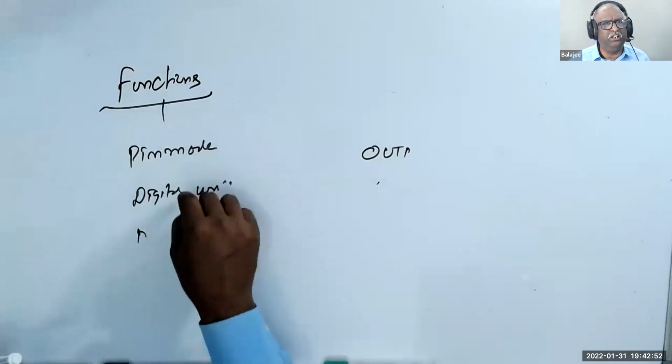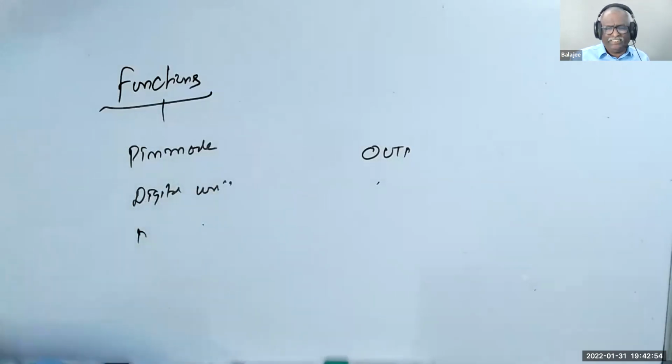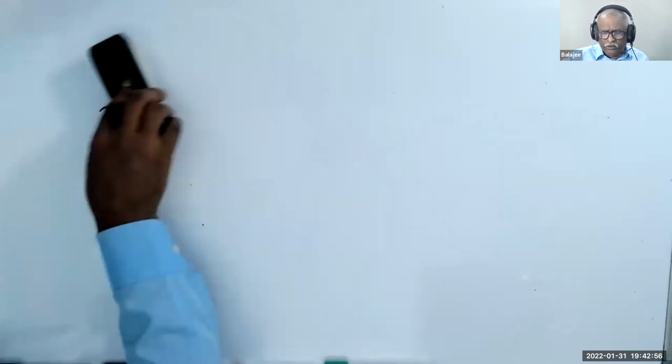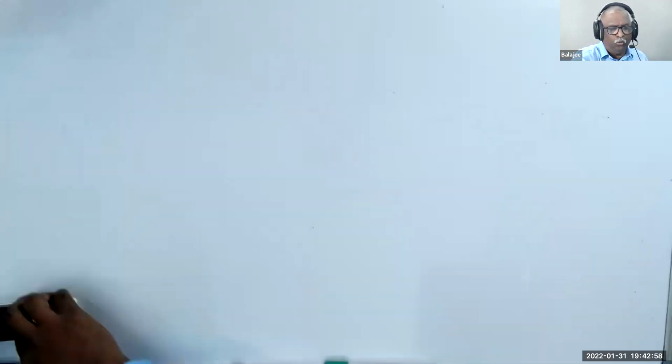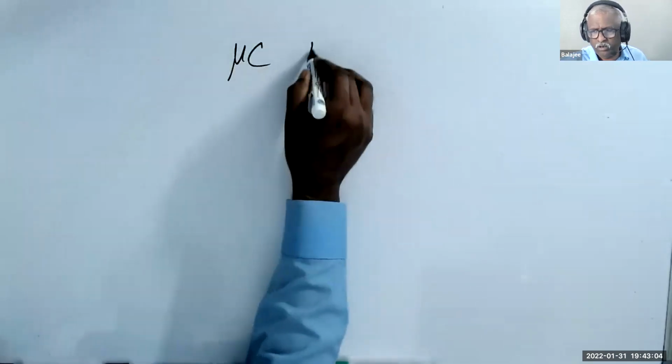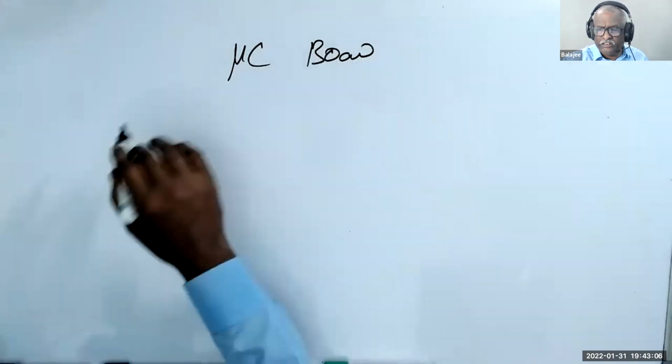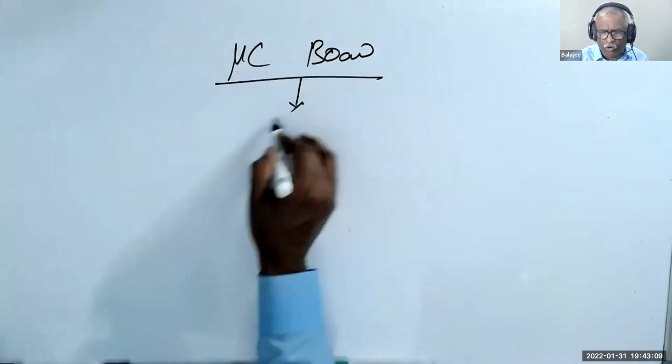If you use these functions, you will not know what is happening. That's why people generally say don't use Arduino boards, but you can use them, nothing wrong. It's another microcontroller board. There is no difference between another microcontroller board and an Arduino board.